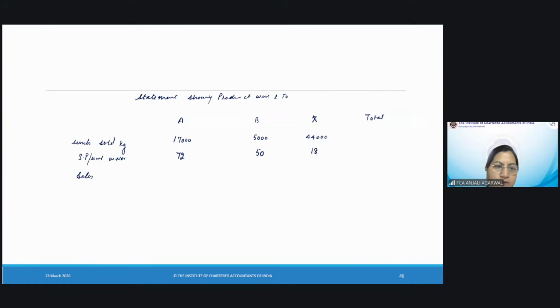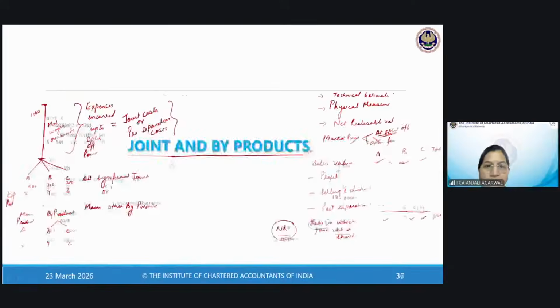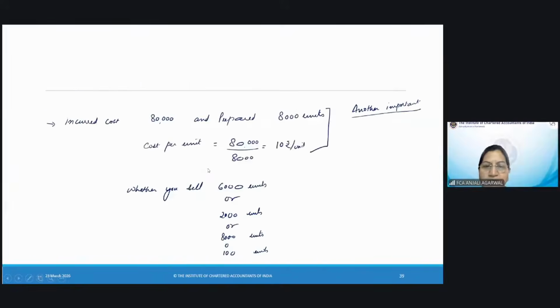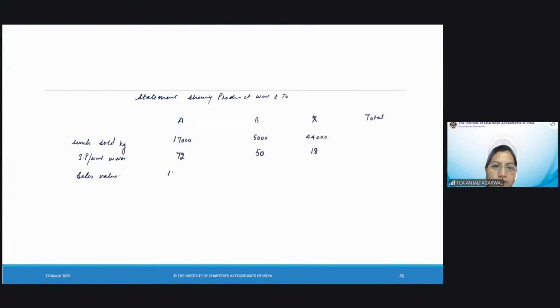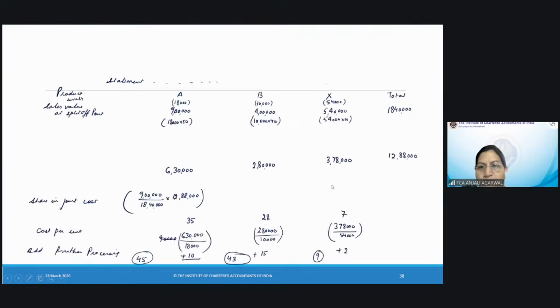Total sales value that was given: 17,000 into 72, 12,24,000, 2,50,000, and 7,92,000.